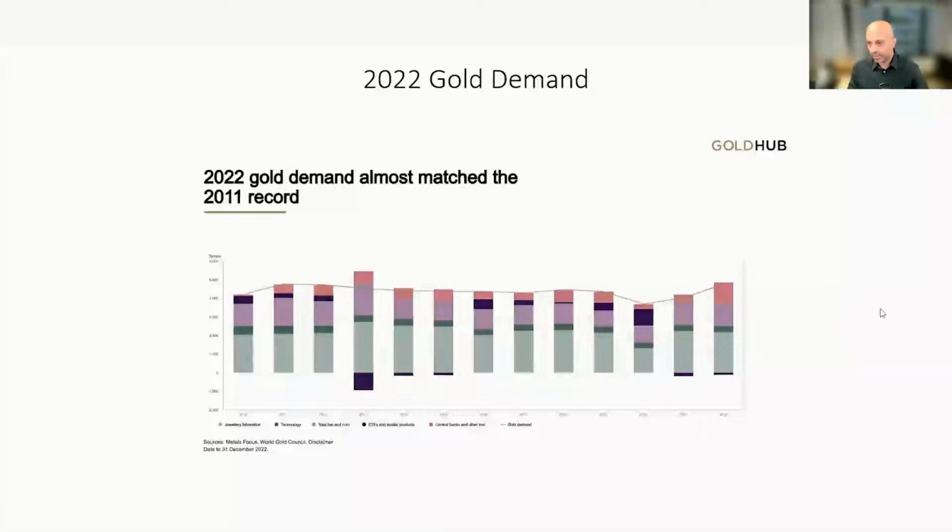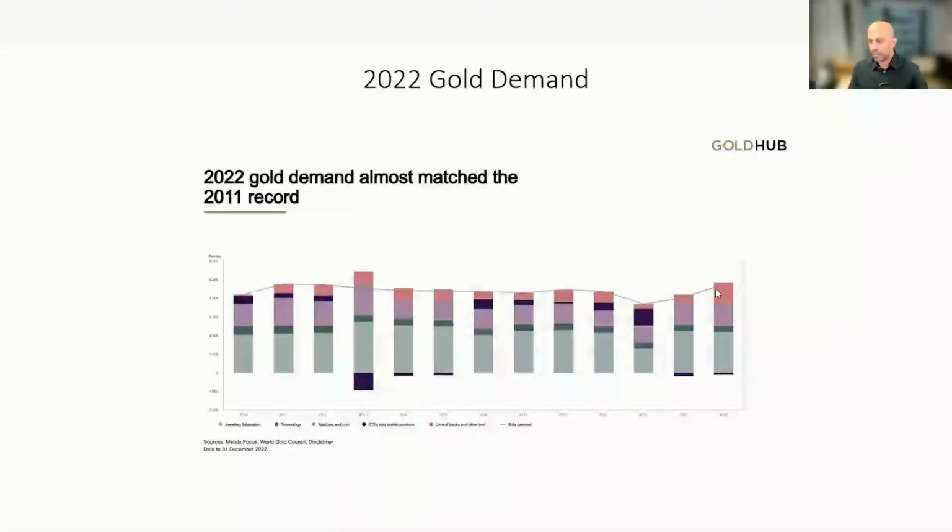And after that, demand for gold has started to pick up across all the segments, as we can see: jewelry, fabrication, technology, total bar and coin, which is physical gold, and ETFs and similar products. And this one, I guess I would call this pink, central banks and other institutions. So as you can see here, this pinkish square is the purchasing by central banks. So as you can see, since 2022, it has increased pretty significantly, right?